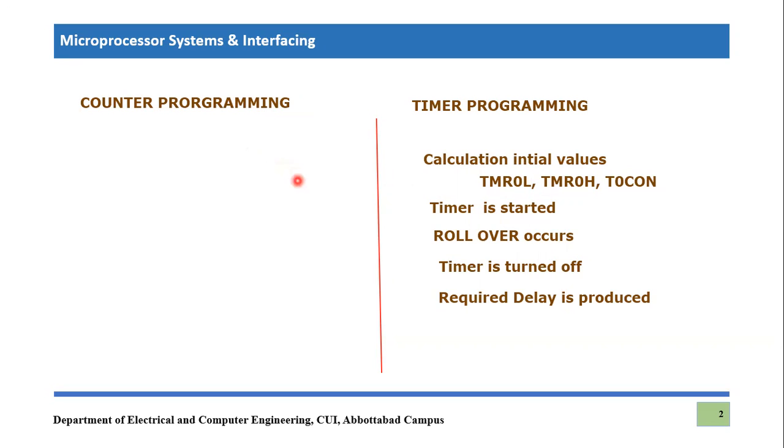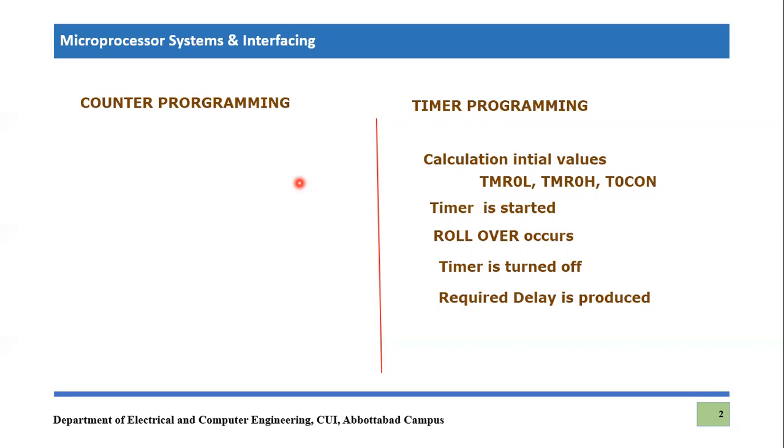For example, one may be interested to count the number of pulses which are fed to a certain input pin, right? Or for example, the number of people entering a certain area, and we want to count them, and once a certain limit is achieved, we will stop the counting and send an alarm that the desired number of people have already entered.